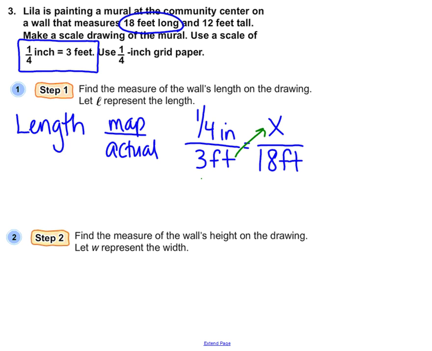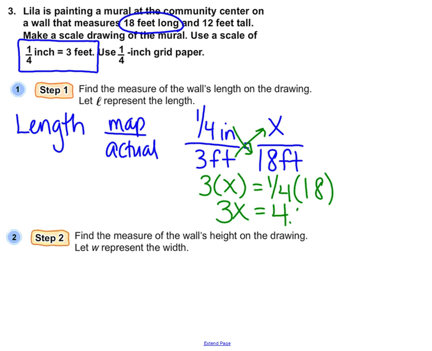So 3 times x equals 1/4 times 18. All right, and if we start solving that, we get 3x equals 1/4 of 18, which is 4.5.